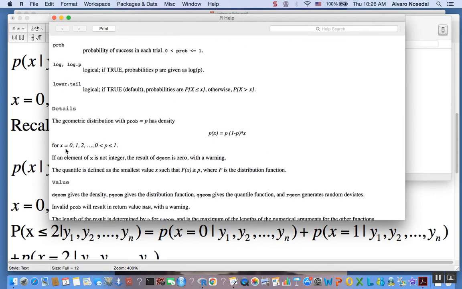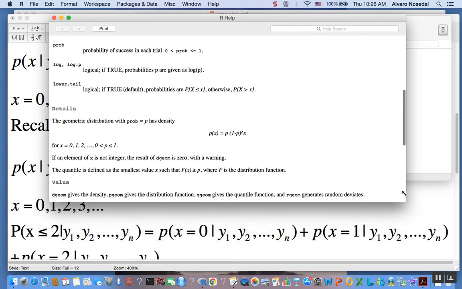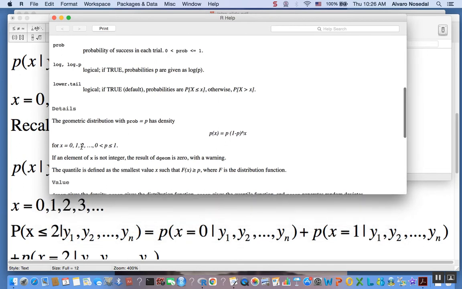The support of that random variable is the same as the one that we have here. It goes from 0, 1, 2, up to infinity, right? And note that the expression that they use, the probability mass function for their geometric, is p times 1 minus p to the power x.